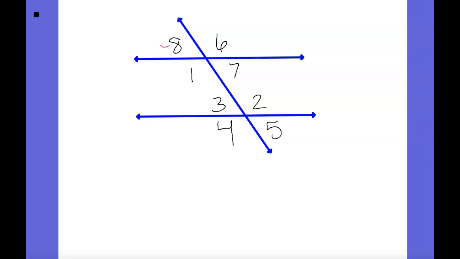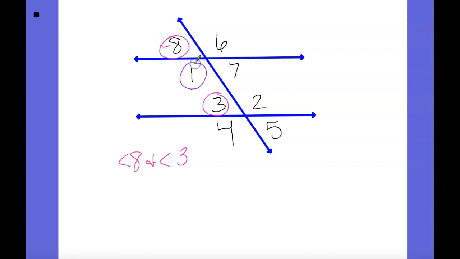So what do you think? Angle 8 and what, Dalton? Okay, are they both on top? One is on top of that line? Okay, so then 3. So angle 8 and angle 3. They're in matching corners. Adriana, what's another one? Yeah, 1 and 4.